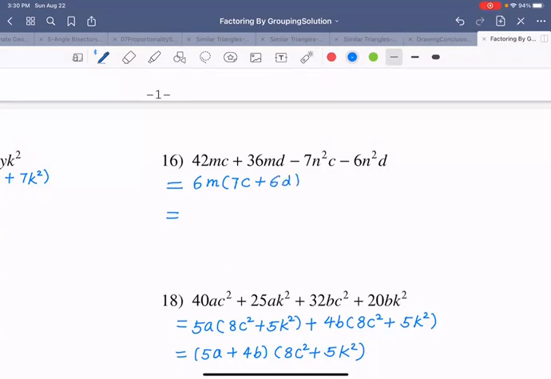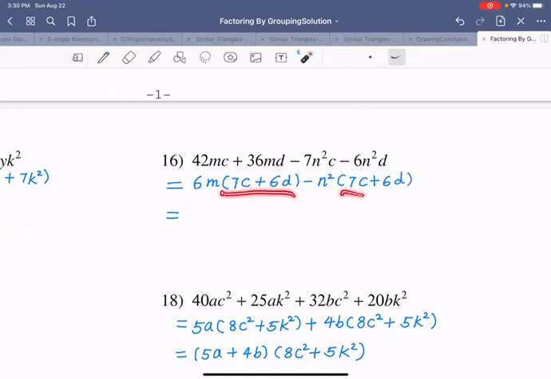And then you can take negative n squared. So this is left with 7c plus 6d. There you go.